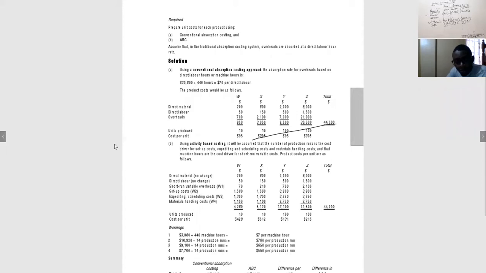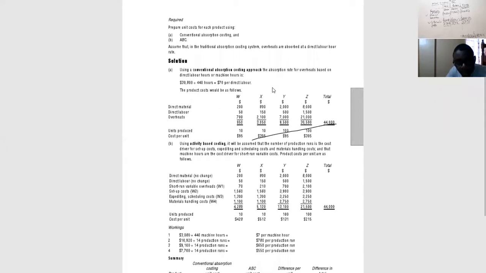Should increase the fonts, if possible. Just finish copying down. Required: prepare unit costs for each product using number 1, conventional absorption costing, and then number 2, ABC.